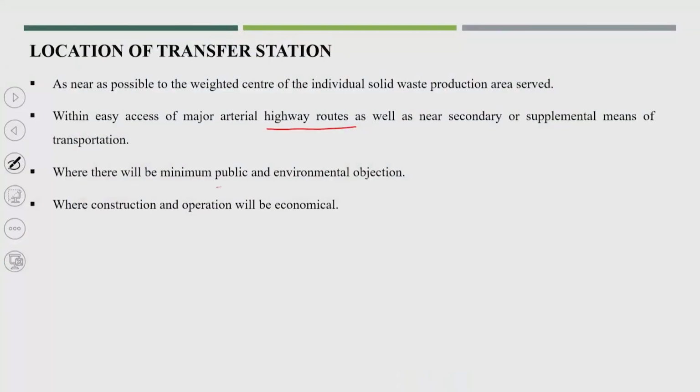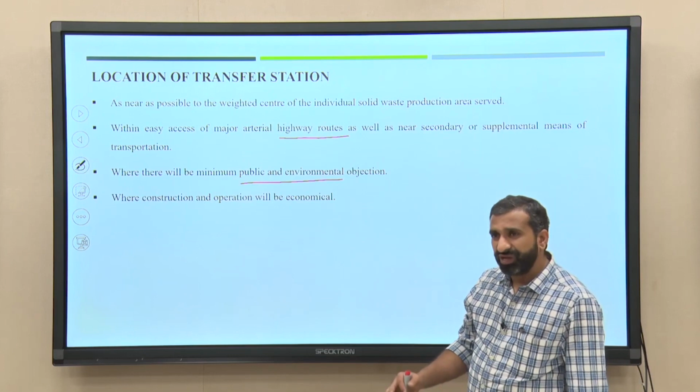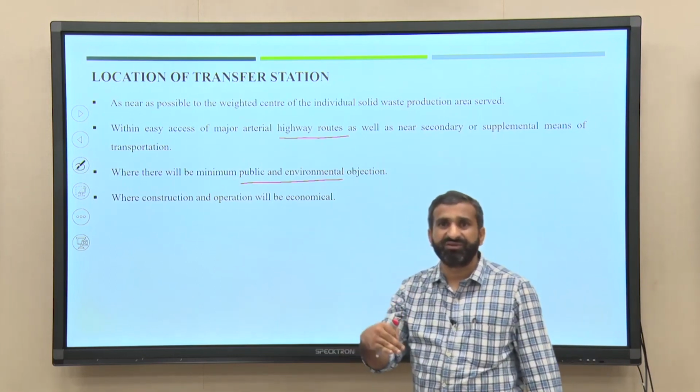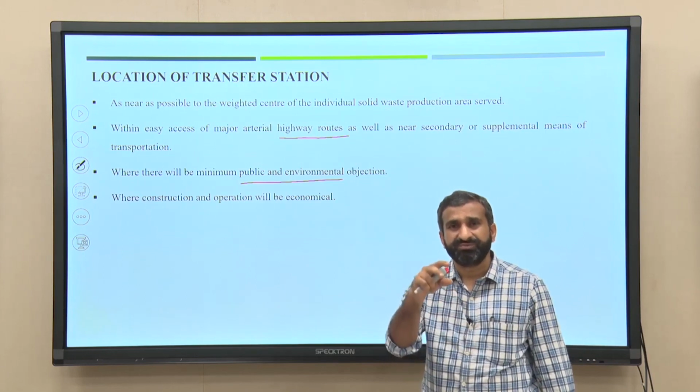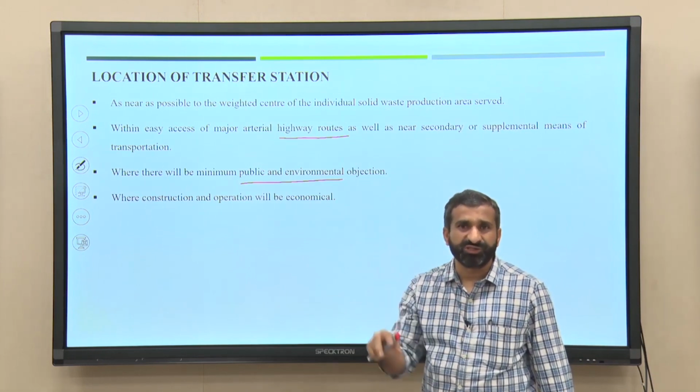I think this is the very important one. There will always be public objection, but I think it depends upon how best we can operate. I already proposed that we should have the third type of transfer station, a combination of direct load and storage load.